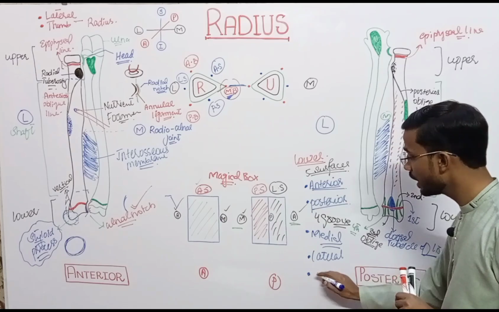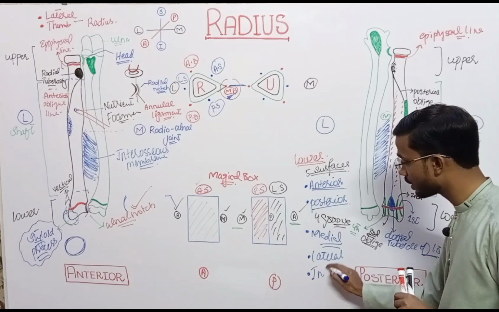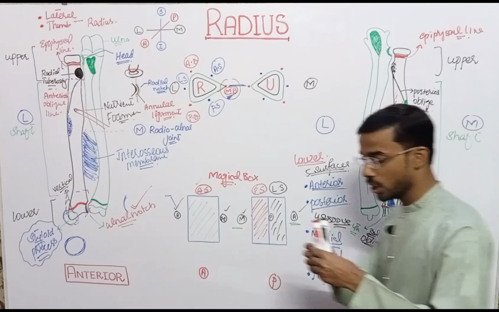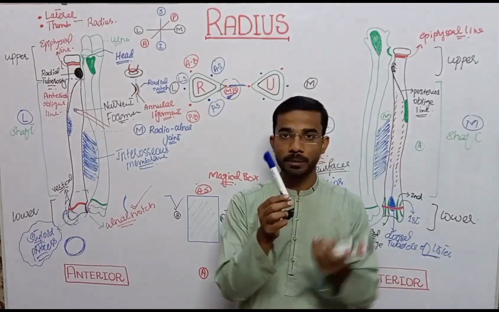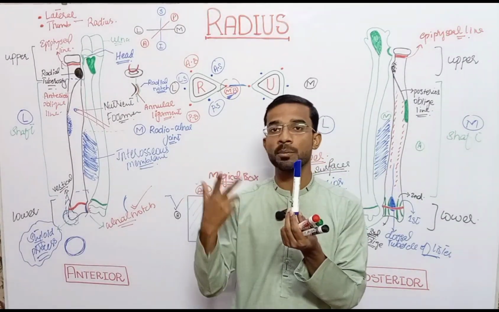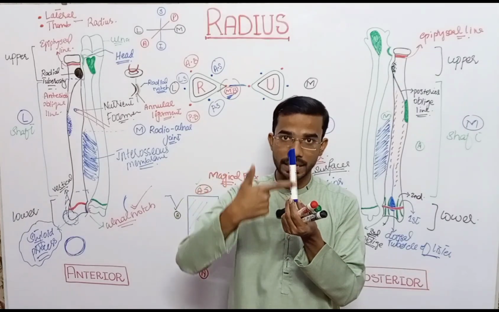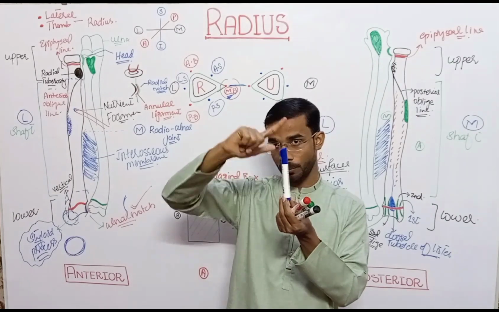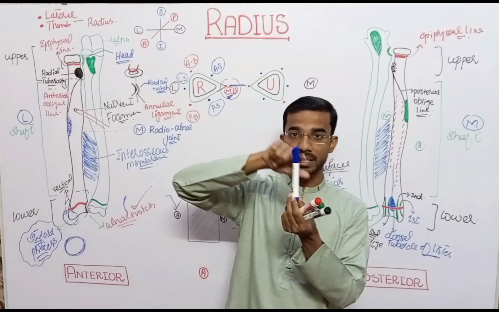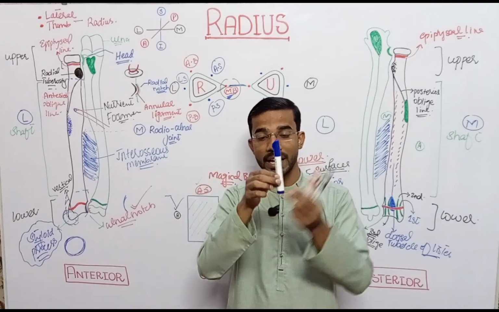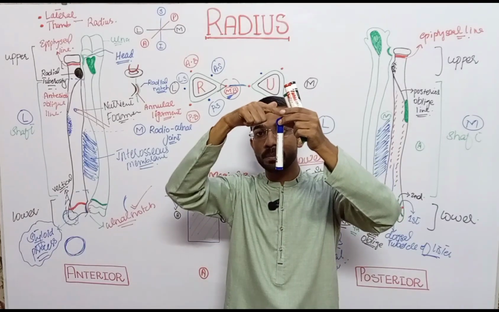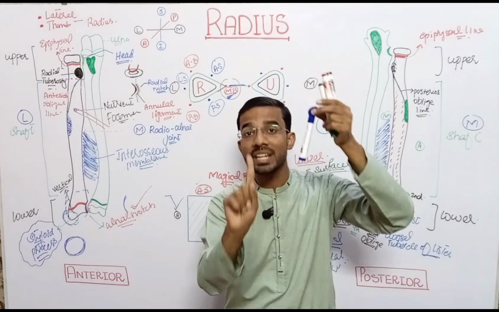And last you will see the inferior. Suppose this marker is the ulna. Here you will see this is the anterior side, this is the posterior side, this is the medial side and this is the lateral side. This is the superior and below is the inferior side.